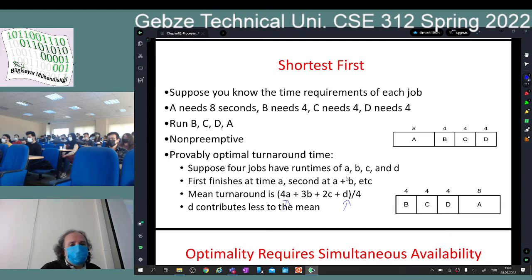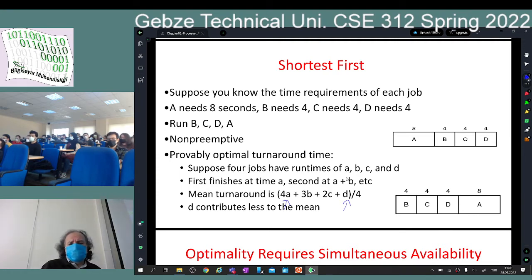Again, this one, shortest first, is non-preemptive. And what did we say? We don't use preemption, but it looks like we are going to talk about preemption in a few minutes for the batch systems.